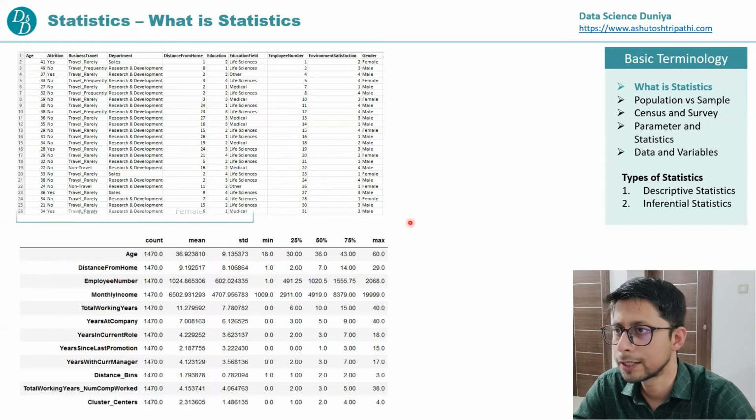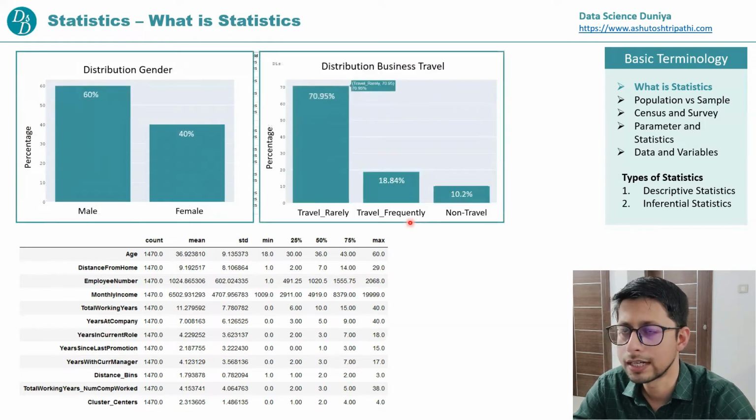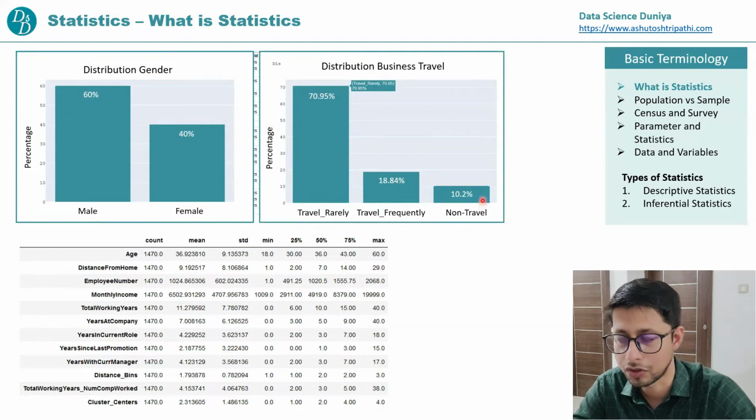Similarly, suppose I'm interested in the distribution of business travel, like who travels rarely, who travels frequently, and who doesn't travel at all. Around 71% of employees travel rarely.